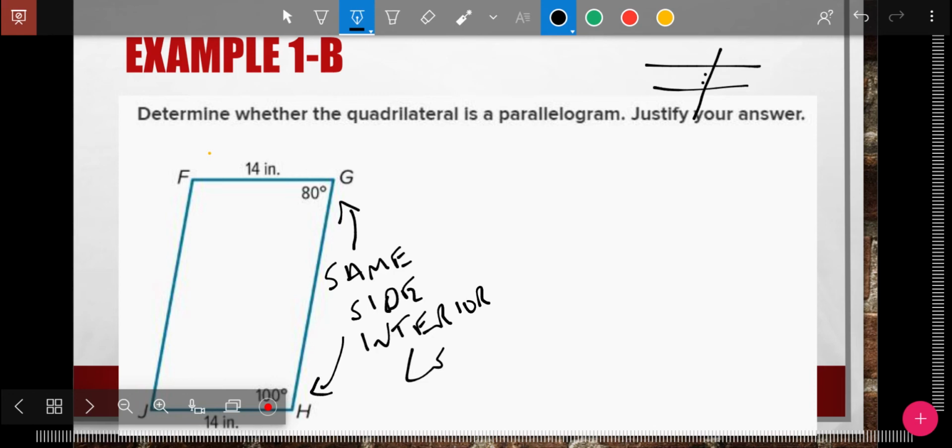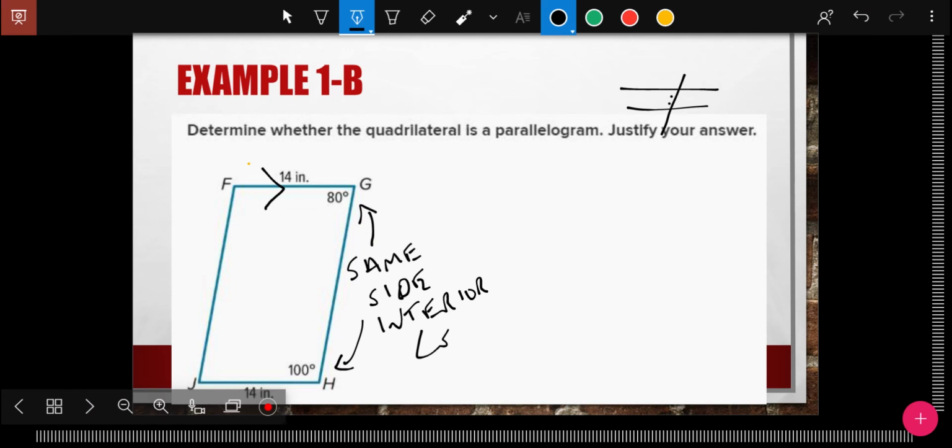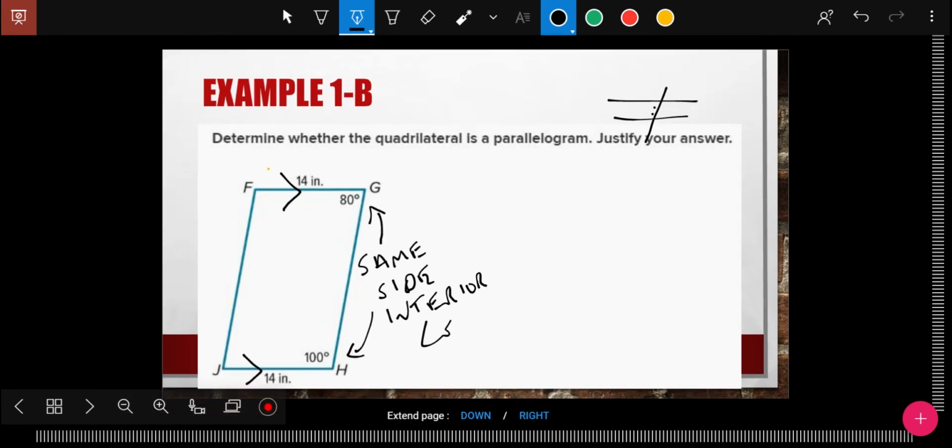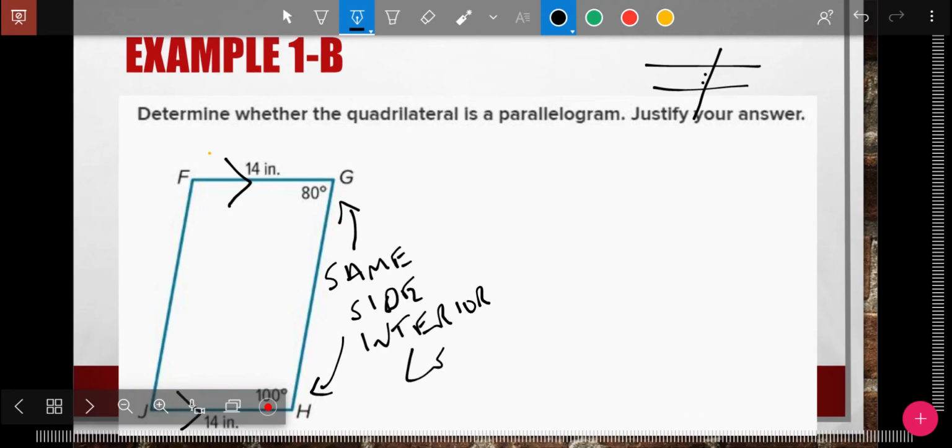These two add up to 180. And so therefore these lines are parallel. So now the top and bottom are both parallel and congruent. And so now you can say, yes, it's a parallelogram.